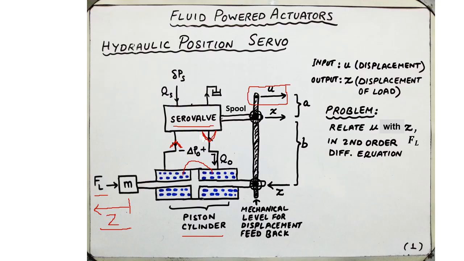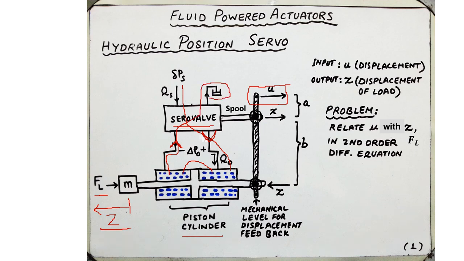Essentially, the servo valve is responsible for routing the fluid flow from this port over here, and it is also responsible for routing the fluid back from the piston cylinder to the reservoir over here.